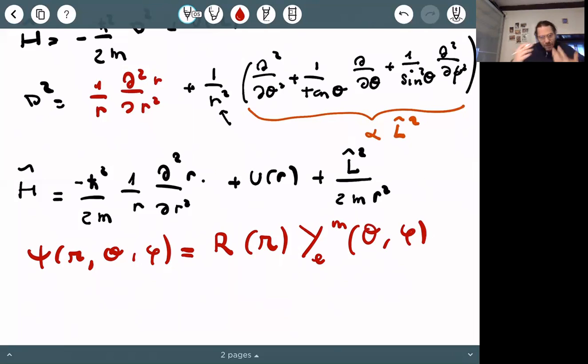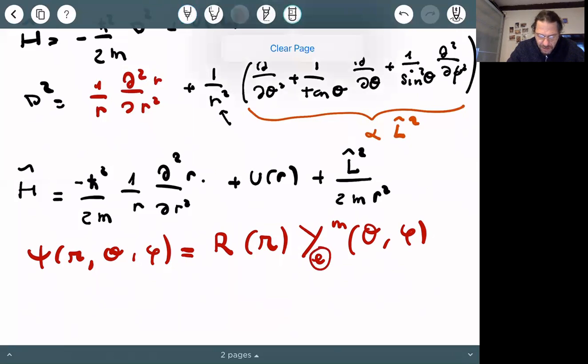Based on this fact, our Schrödinger equation can be decoupled into a family of one-dimensional Schrödinger equations, depending on the value of L.